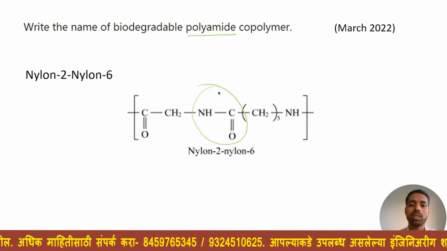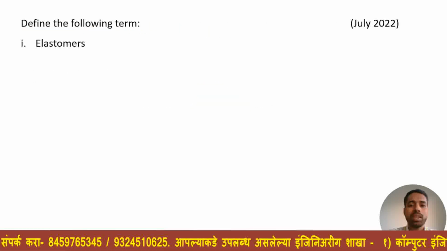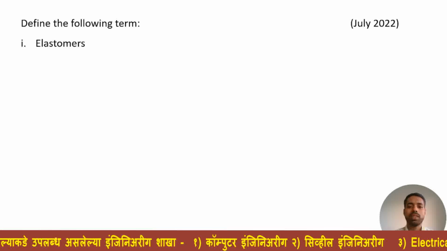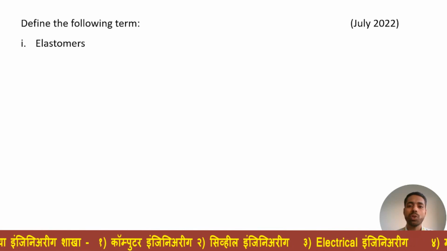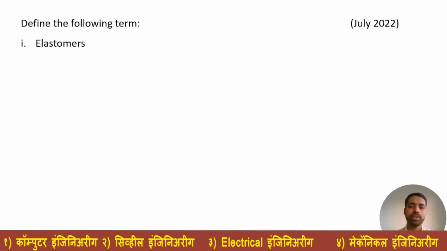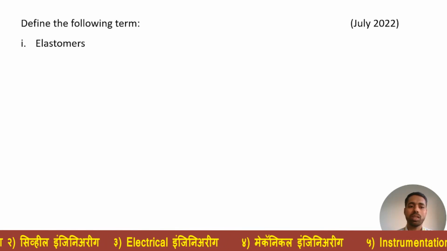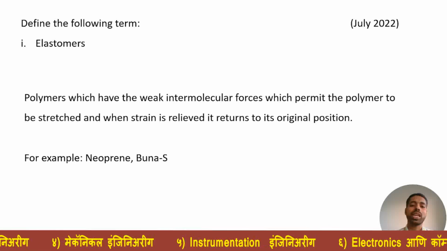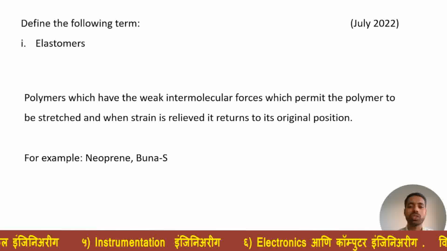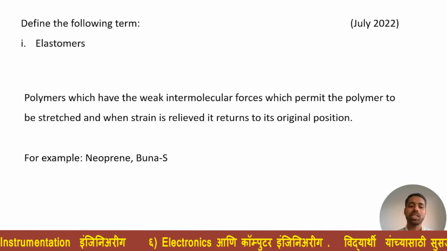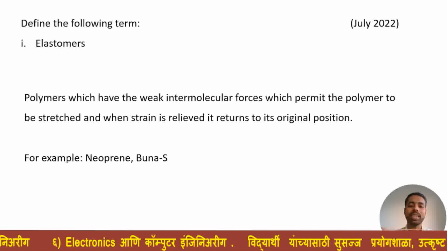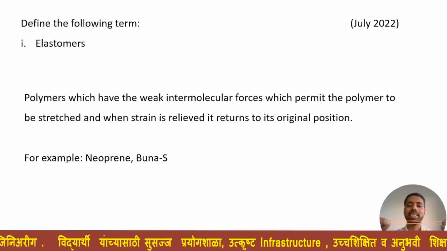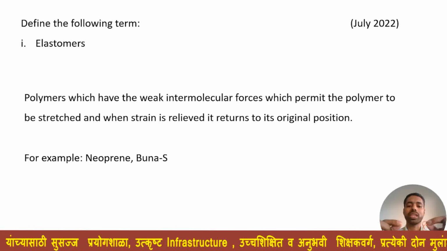Let's go for the next question. Define the following term: Elastomers. Elastomers, I hope you know, are nothing but the rubbers. To define elastomers, these are polymers which have weak intermolecular forces which permit the polymer to be stretched, right, like this, and when strain is relieved, it returns to its original position.